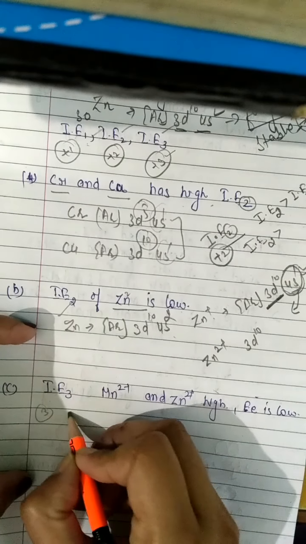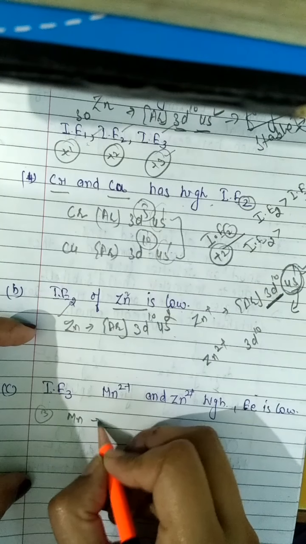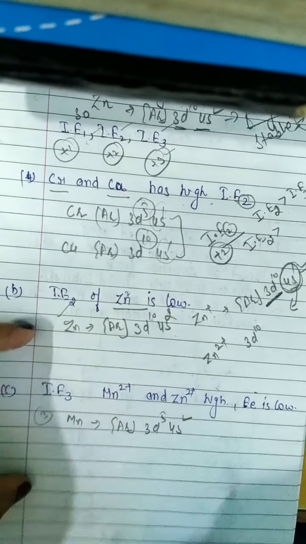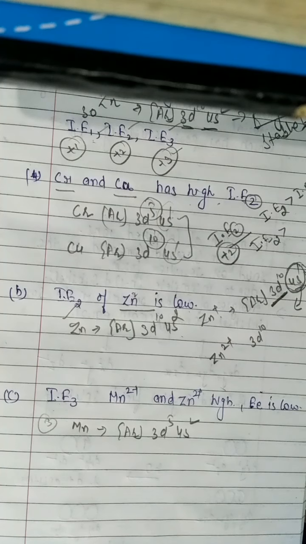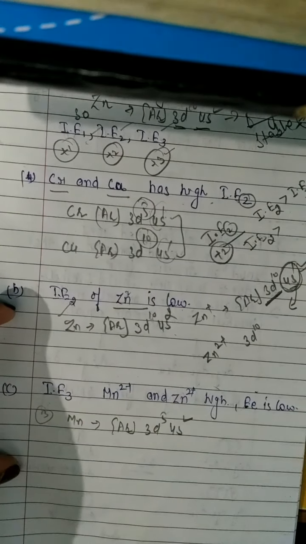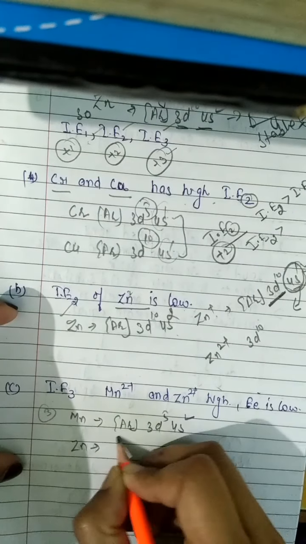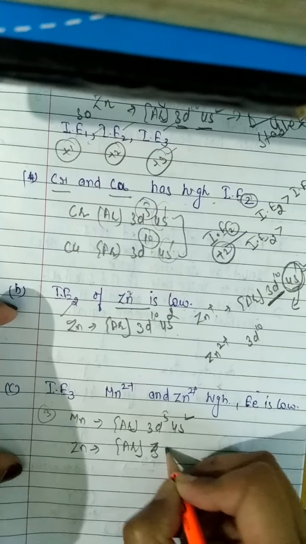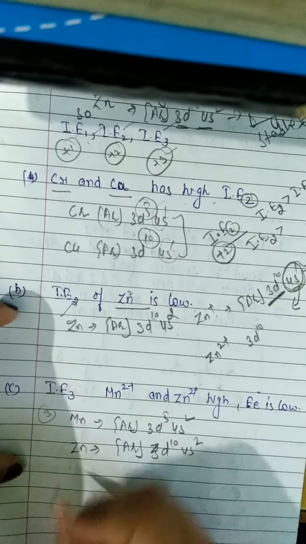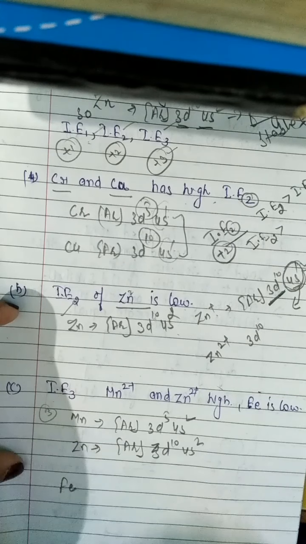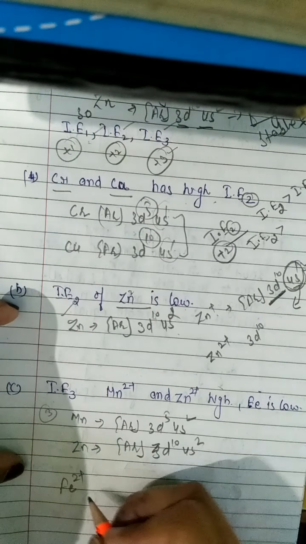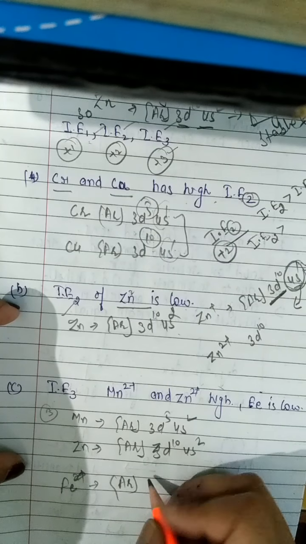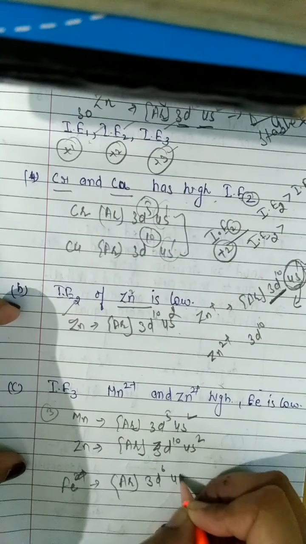Now manganese is 3d5 4s2. In the case of zinc, that is Ar 3d10 4s2. If we are talking about Fe2+, Fe is Ar 3d6 4s.